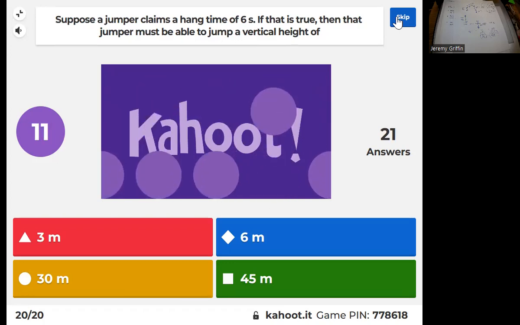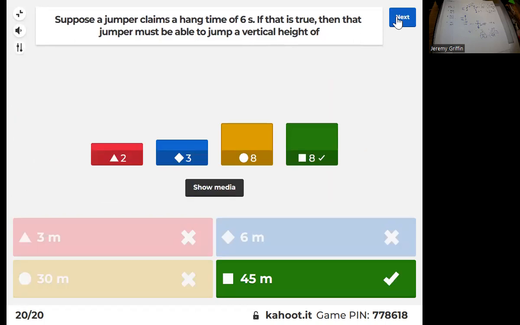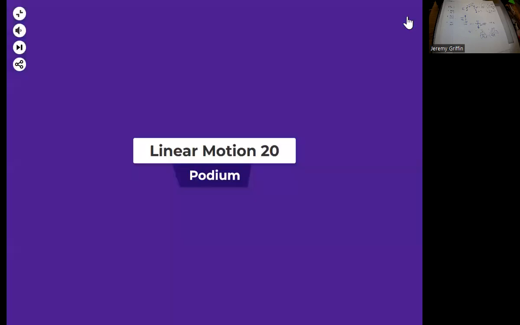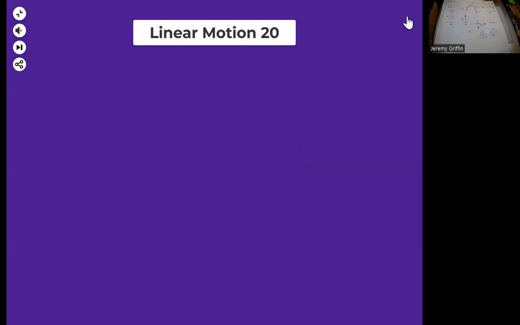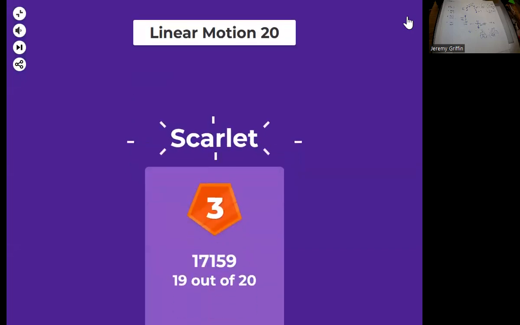I don't know. Okay, 45 meters. Let's see who won this, and then I'll go back and take another look at that.